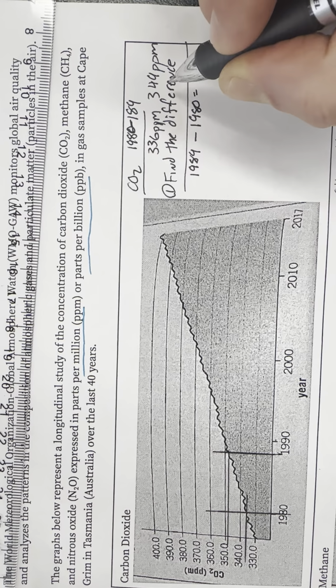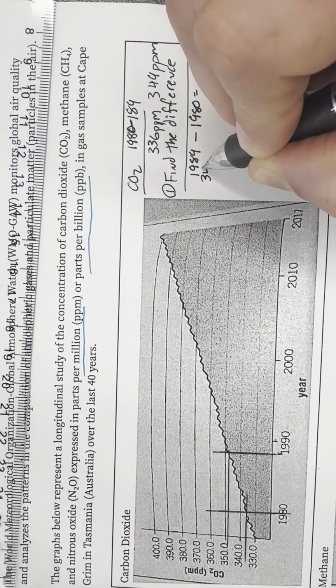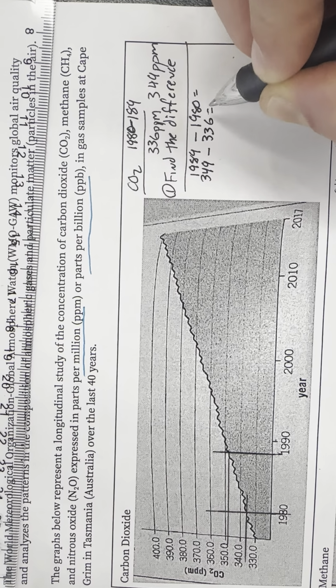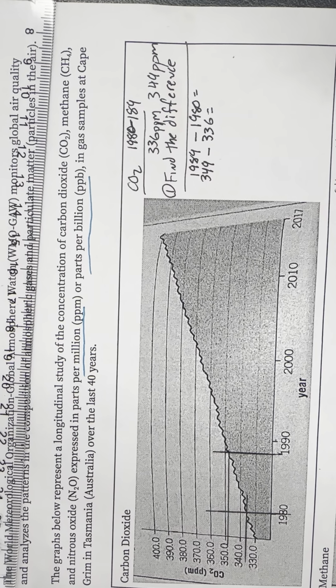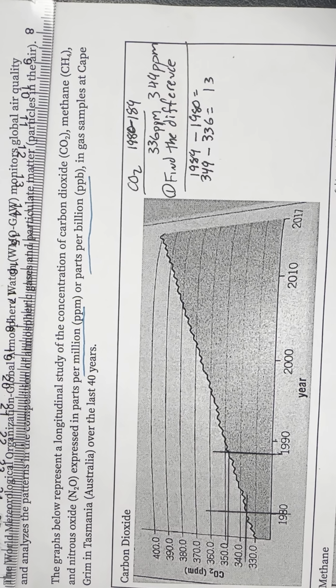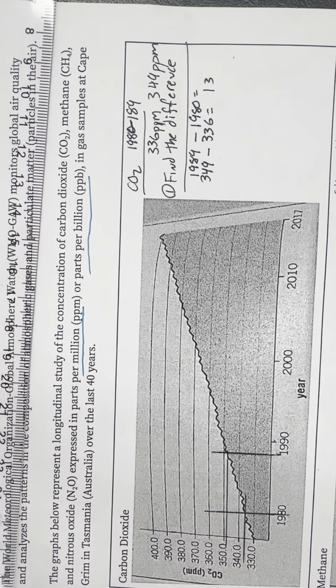That means I'm going to take the 349 minus the 336. And when I do that, I get a difference of 13, it looks like. That's the first step. The next step is to divide the difference by the 1980 value.